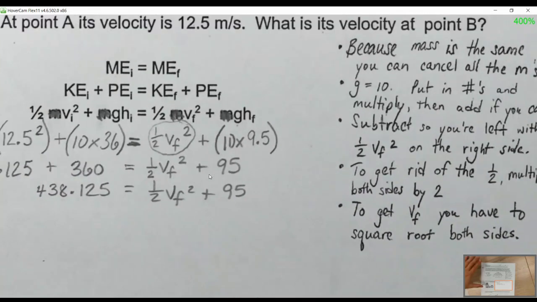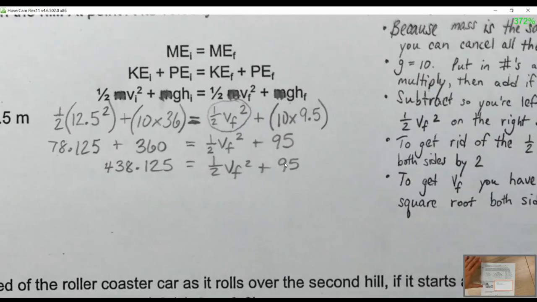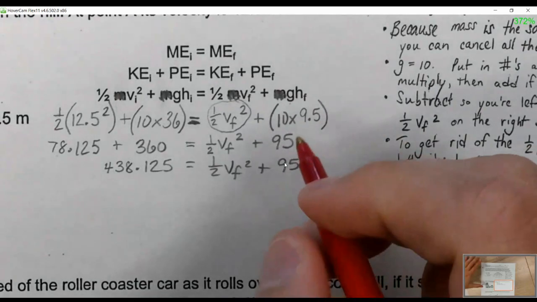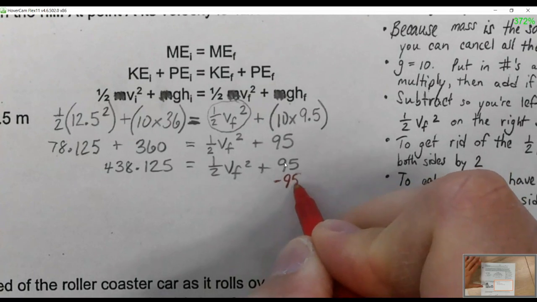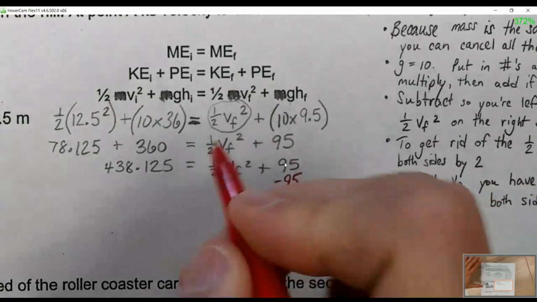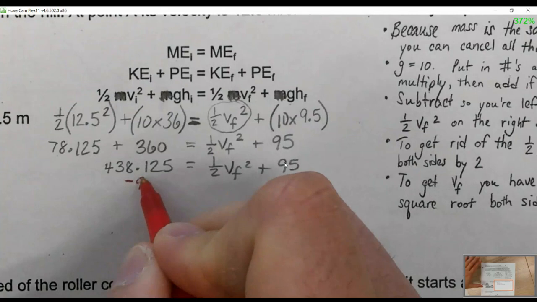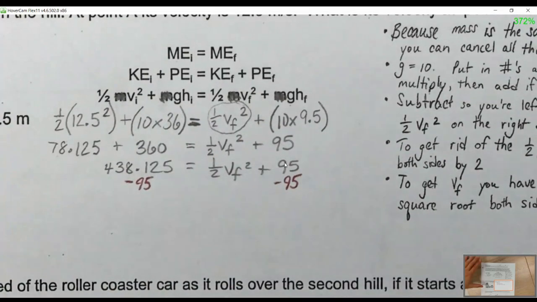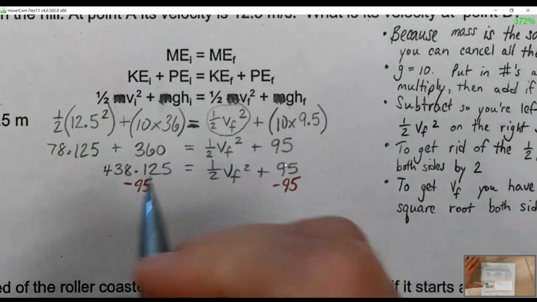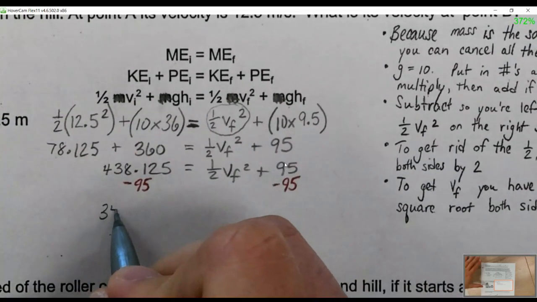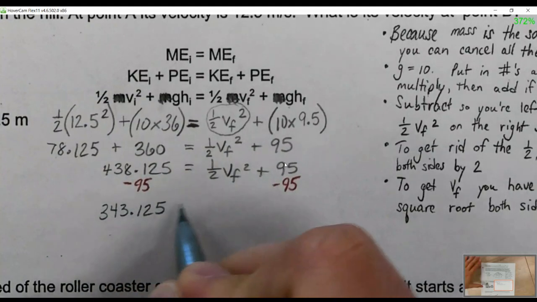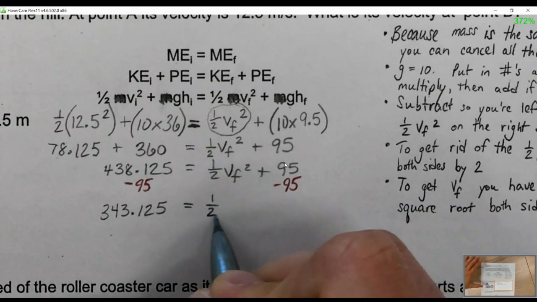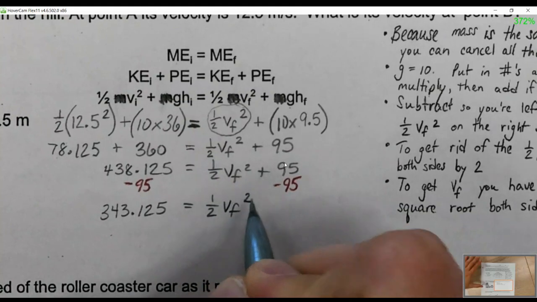To get rid of this 95 on both sides, you have to subtract. So we're going to subtract by 95 on both sides. Putting that into the calculator, this number comes out to be 343.125, and that is going to equal our 1/2 VF squared.